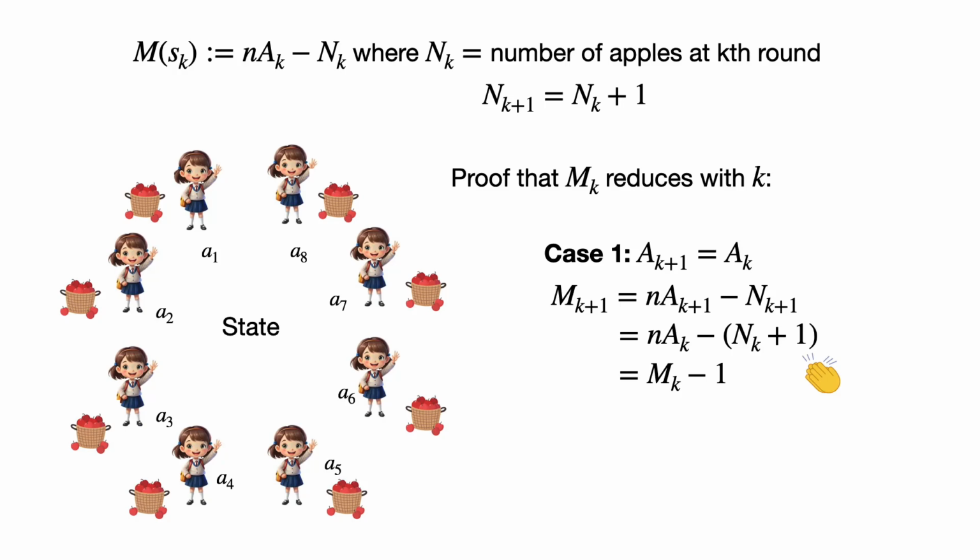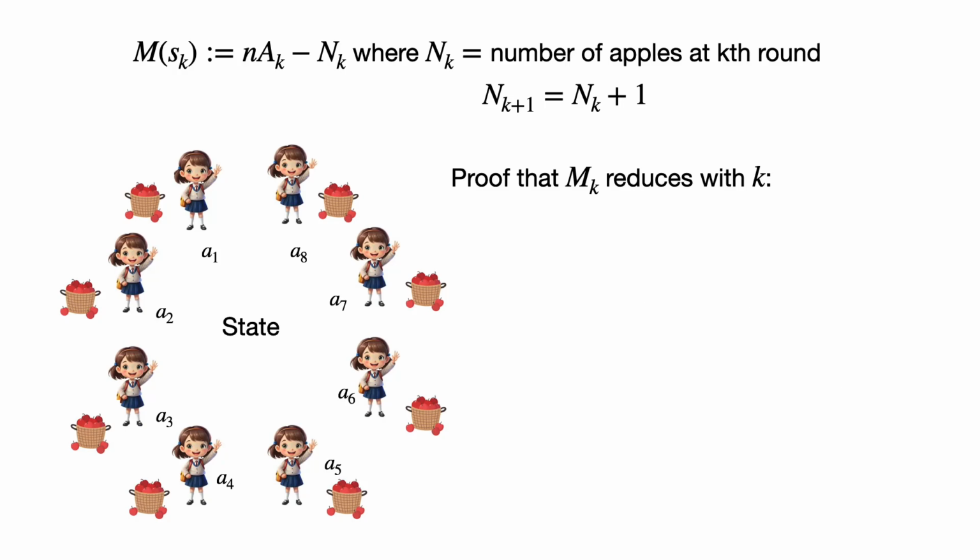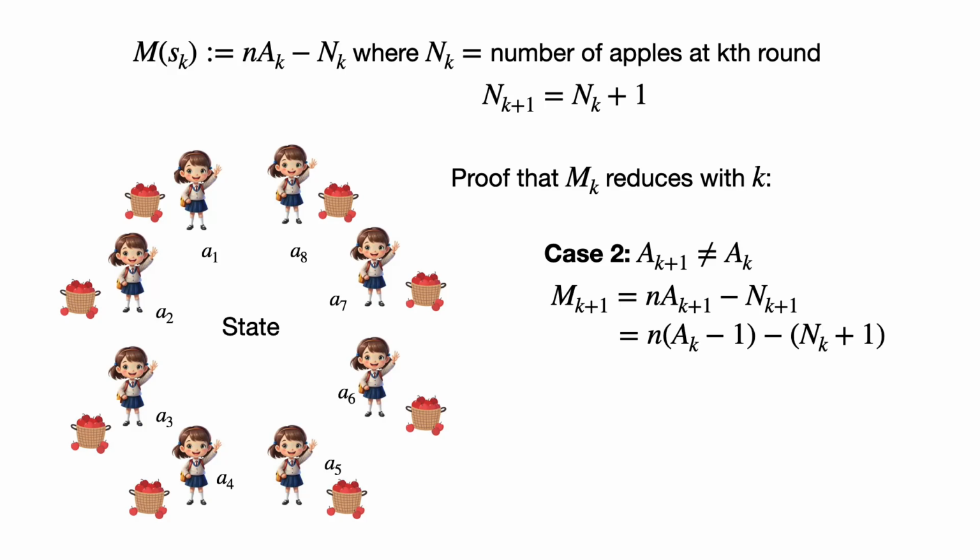Yay, we have solved this particular case. What remains is the only other case, where the max apples actually change. Now let's think about it. If the maximum number of apples changed, there's only one way that can happen. It can happen because the teacher chose the person with the maximum number of apples and removed one apple from her. That means the maximum number of apples can only go down by 1. So let's put that into the calculation.